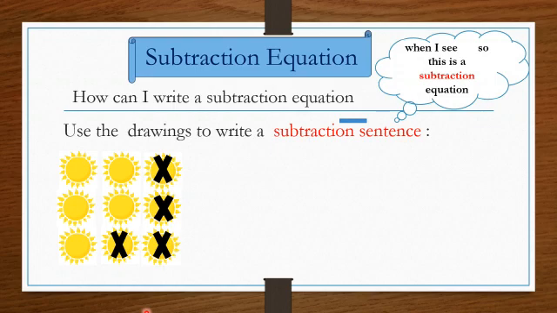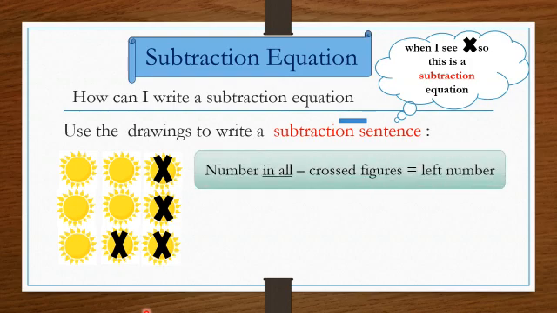When we see the cross or the X, this means that there is a subtraction equation. In order to write the subtraction sentence, we have to subtract the number in all minus crossed figures. And the answer will be the left number.